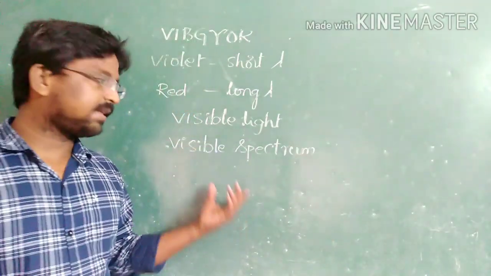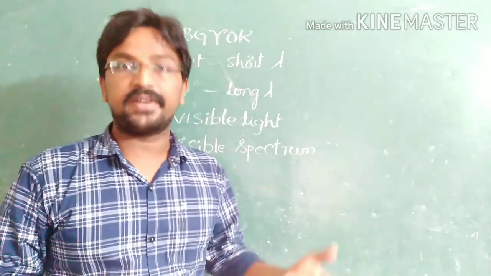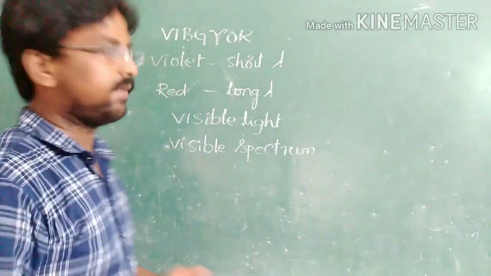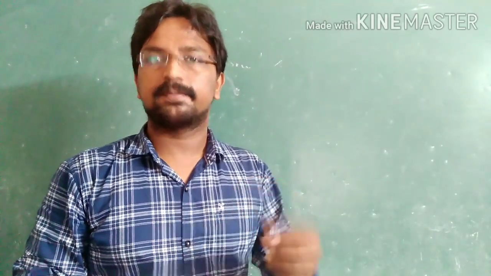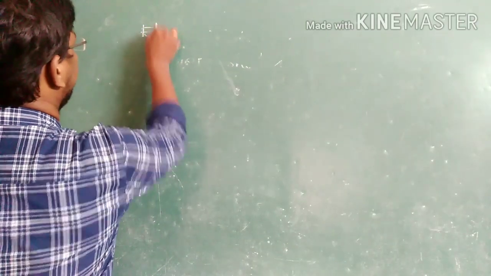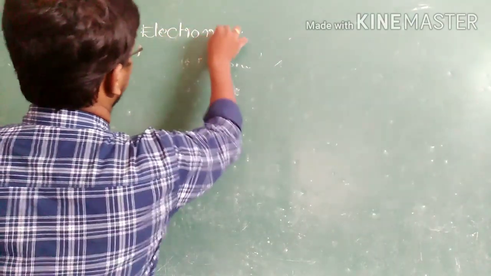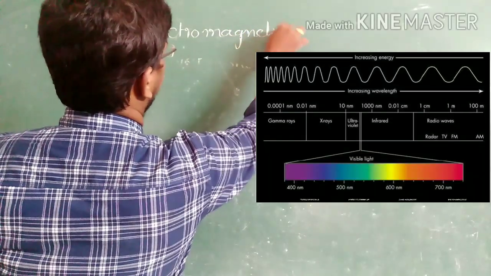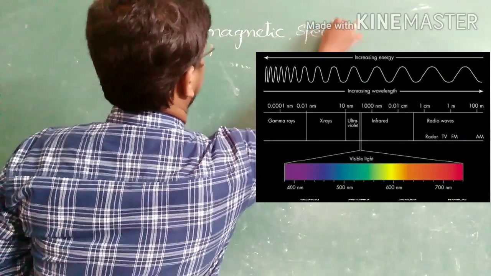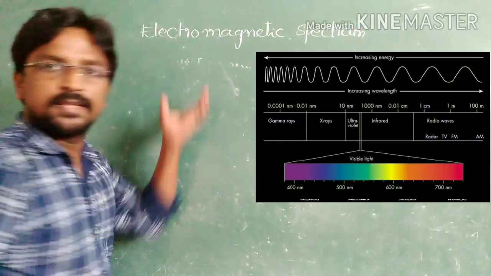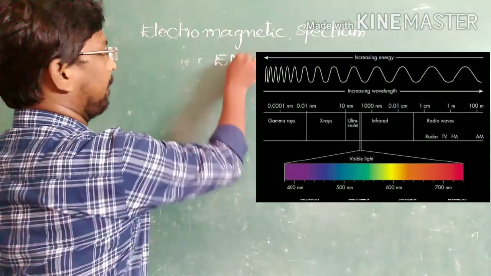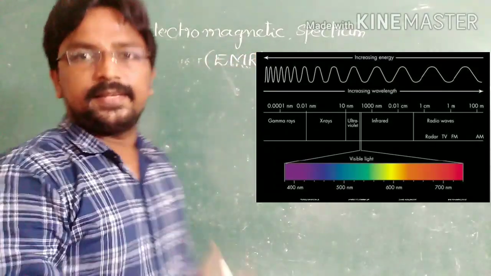So other than the visible spectrum there are different wavelengths. The entire range of wavelengths, including the visible spectrum, is said to be the electromagnetic spectrum, simply called EMR.